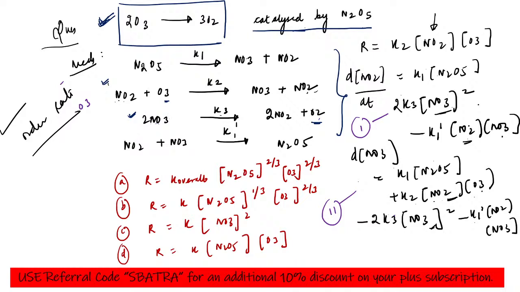Just add and subtract both these values, and from that you can find the value of your NO3. Then you can substitute the NO3 value in equation 1, find the concentration of NO2, and write this value over here.